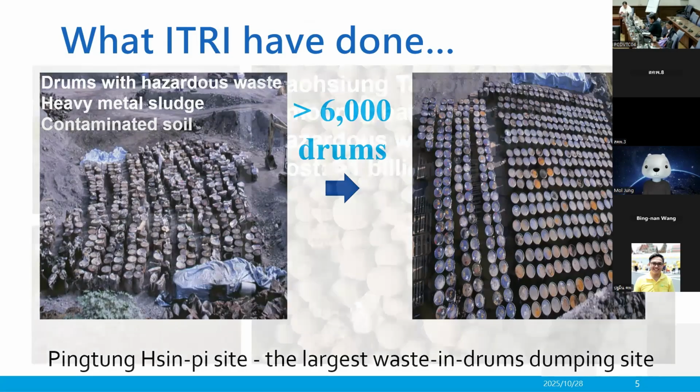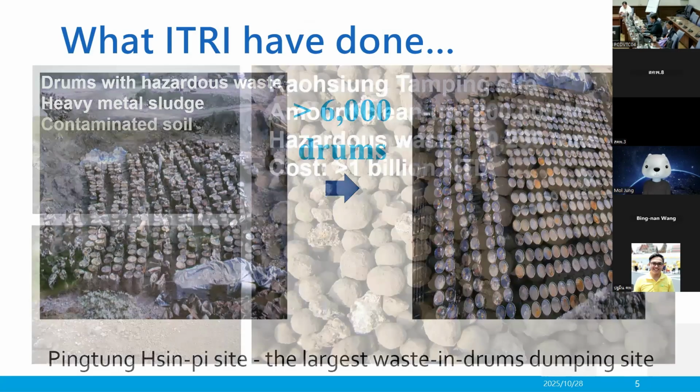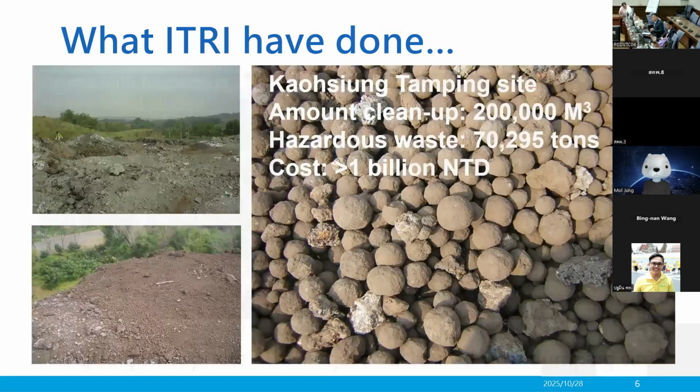Another major case is the Kaohsiung site. We cleaned up more than 200,000 cubic meters and about 70,000 tons of hazardous waste. For this site, our government spent more than 1 billion NT dollars, which is similar to Thai baht.